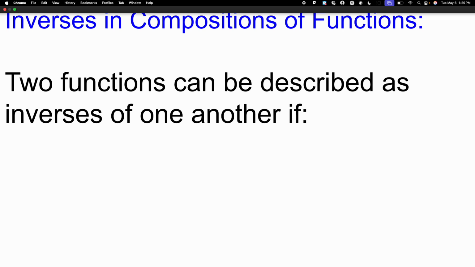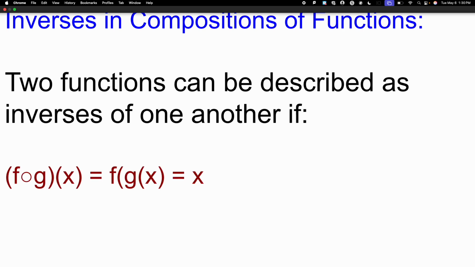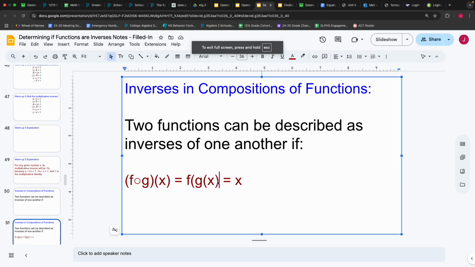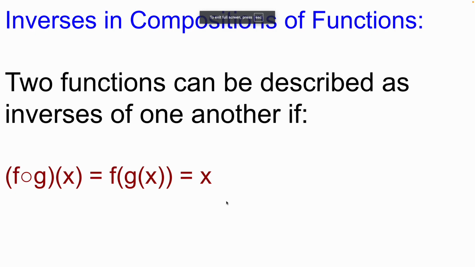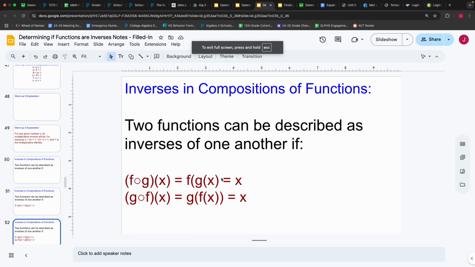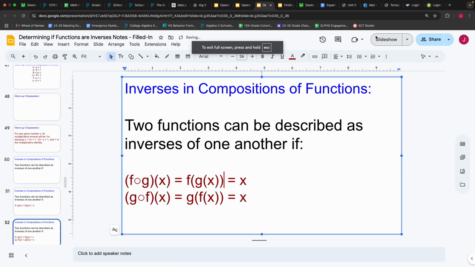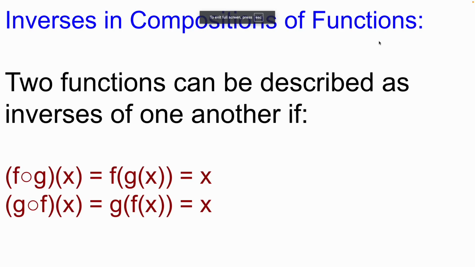All right, inverses in compositions of functions. Two functions can be described as inverses of one another if f of g of x, which is the same thing as g of x being plugged into the function f of x, equals x, and g of f of x, which is the same thing as f being plugged into the function g of x, equals x.